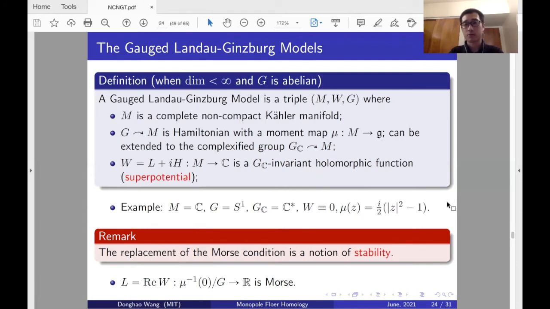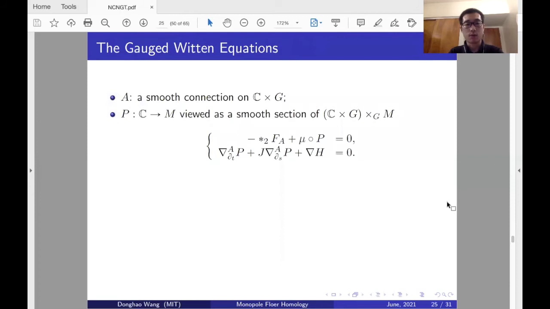Our next step is to generalize our Floer equation. In this case, we obtain the gauged weighted equations. It's stated for a pair (A, P), where A is a smooth connection on this trivial G bundle on the complex plane, and P is again a smooth map from C into the Kähler manifold.